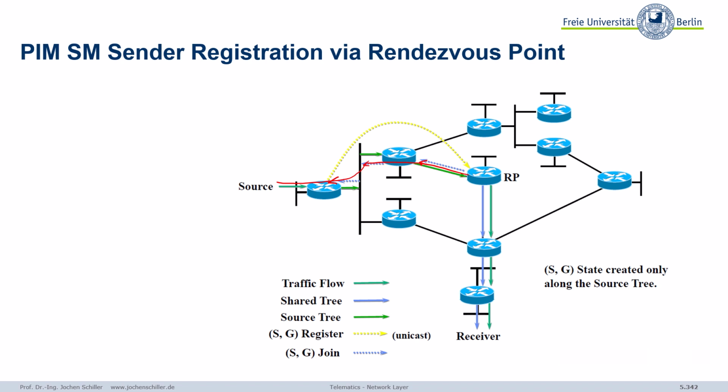Here the router knows it, and towards the source to say, okay, we now want to receive our multicast traffic. This then creates, as shown here, the so-called source tree where the traffic follows from the source to the receiver.